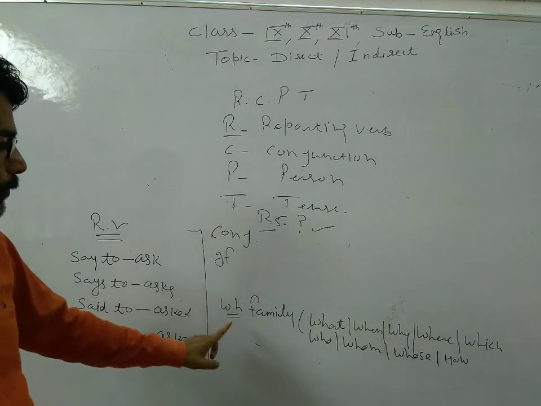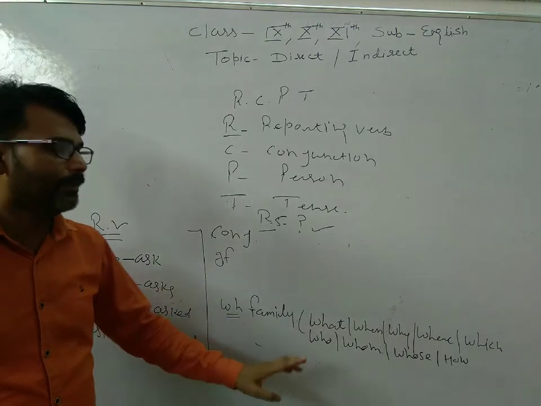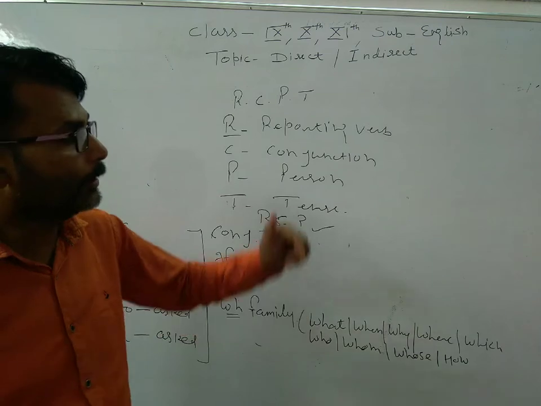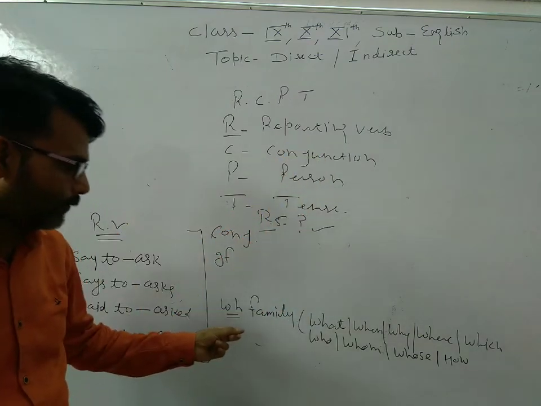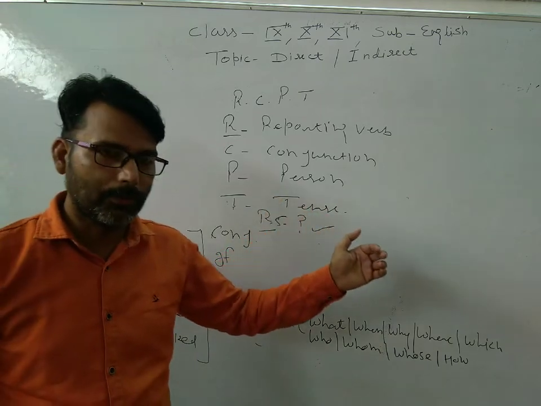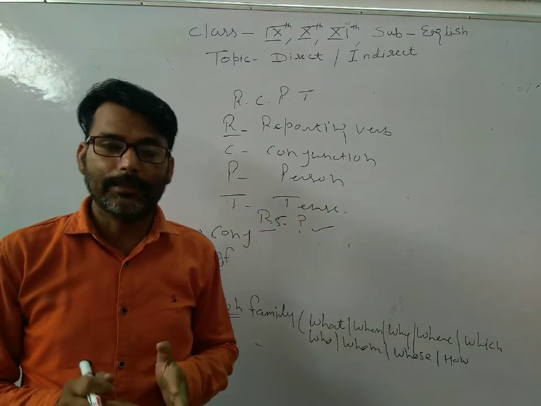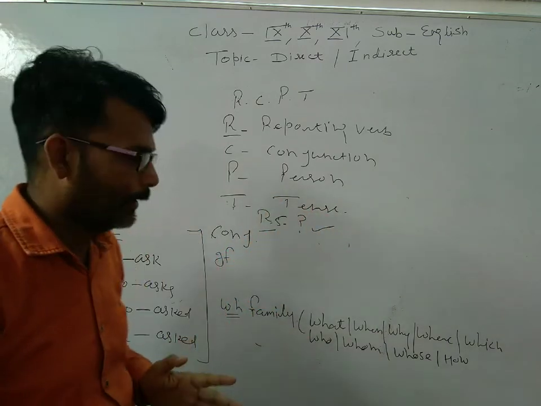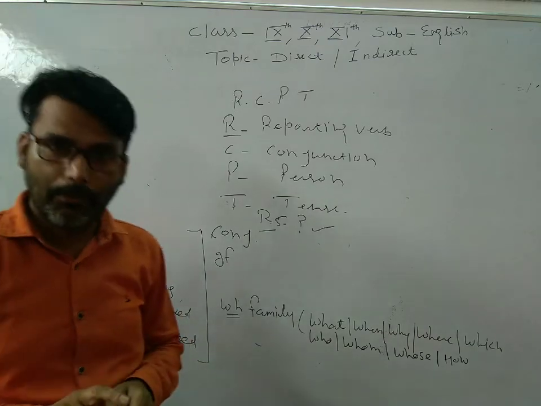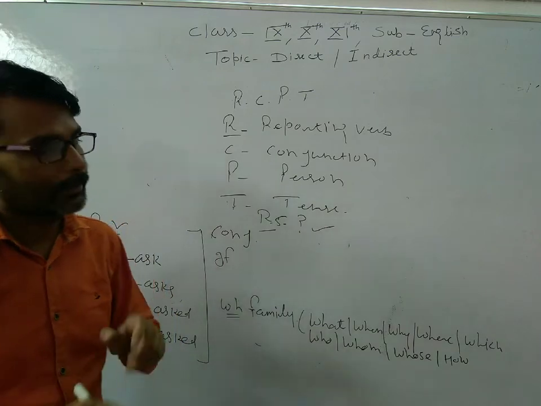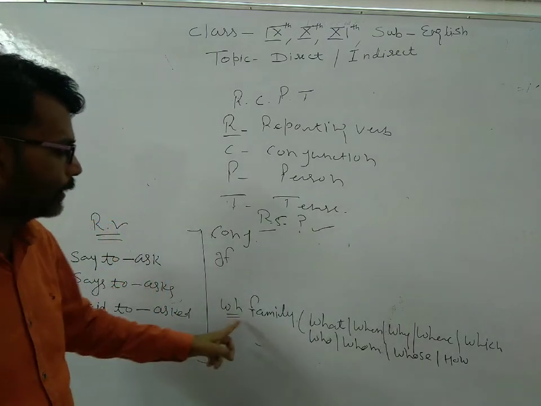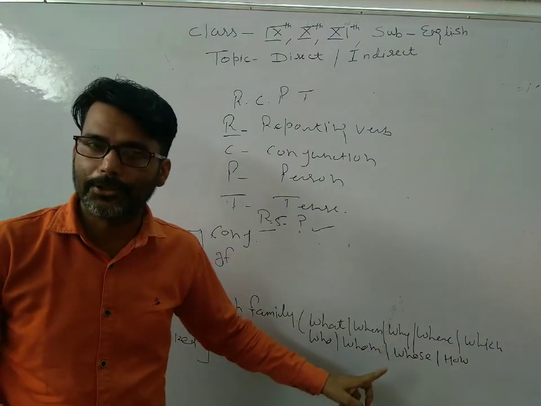You will have to use WH family when it is given in the reported speech already. If WH family is already in the reported speech, or in other words, if your reported speech starts with the WH family, then you have to use the same word as a conjunction.